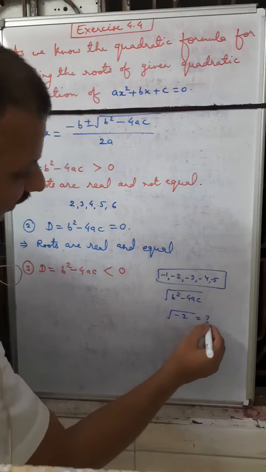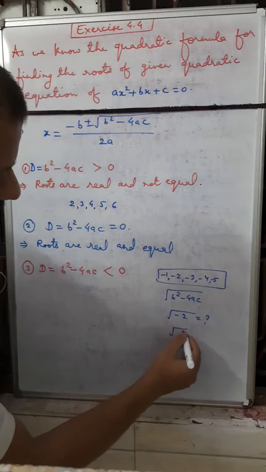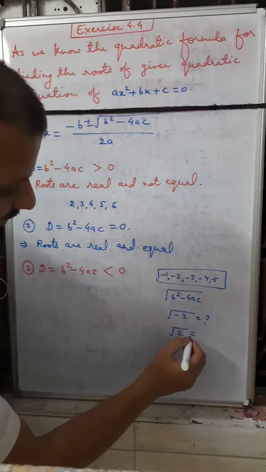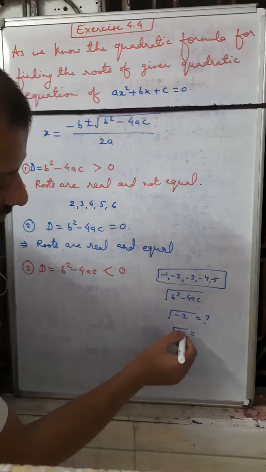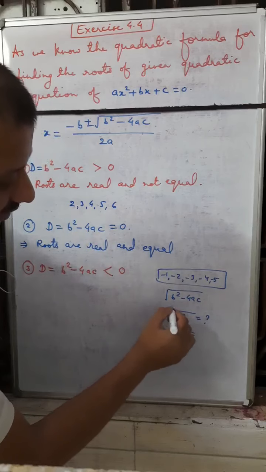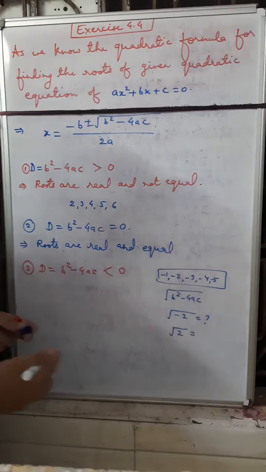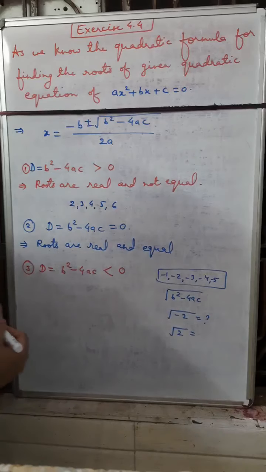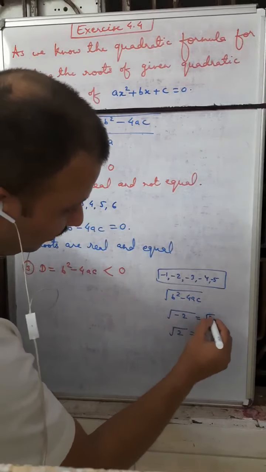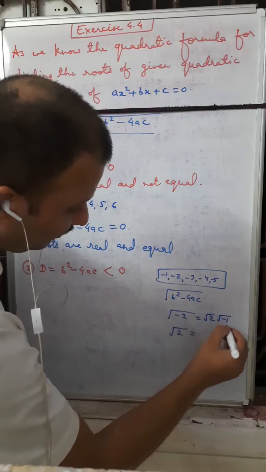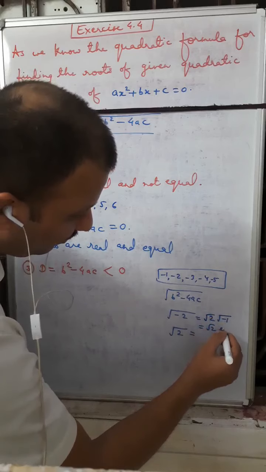Root 2 is a positive number inside the under root, but here minus 2 is inside the under root. For finding the value, you will study root minus 1. Root 2 is root 2, but under root minus 1 is equal to i.